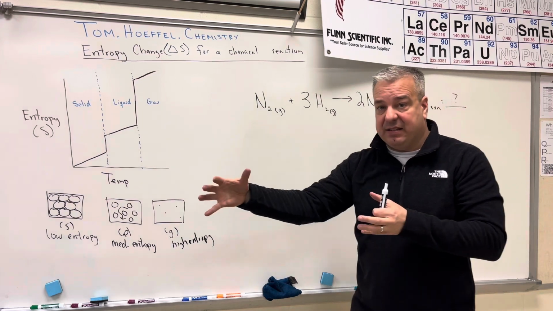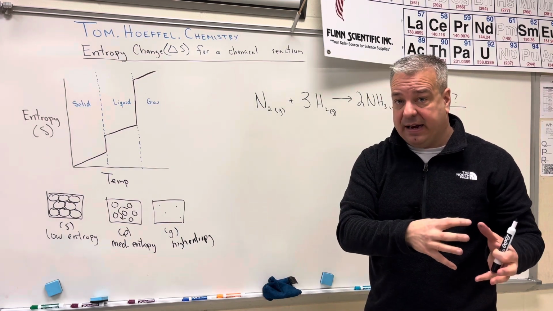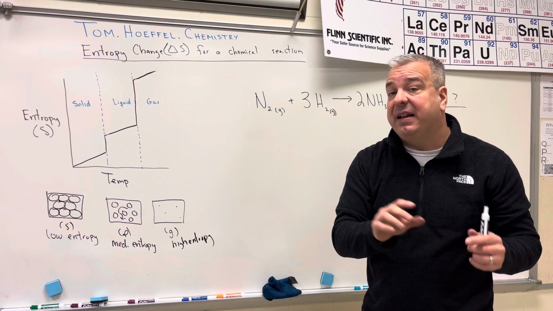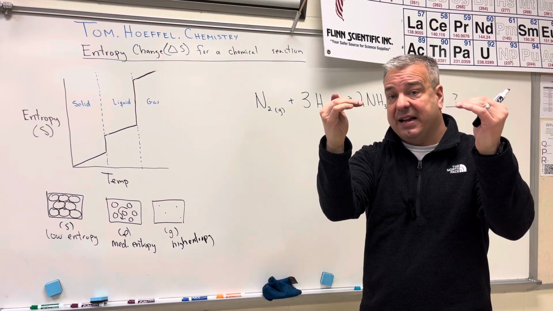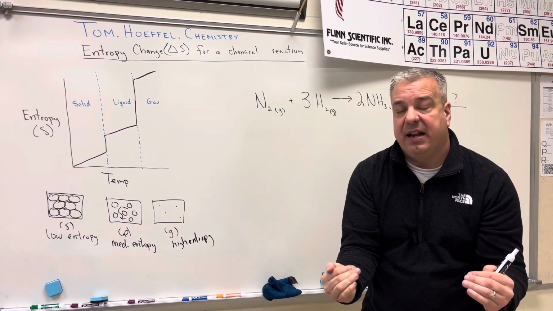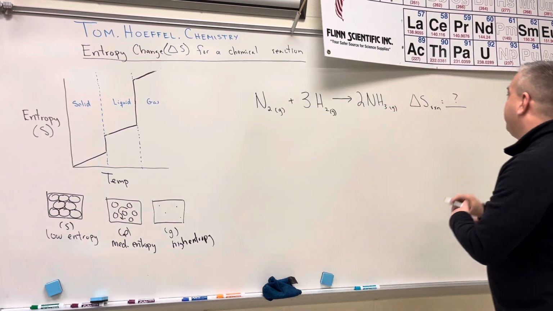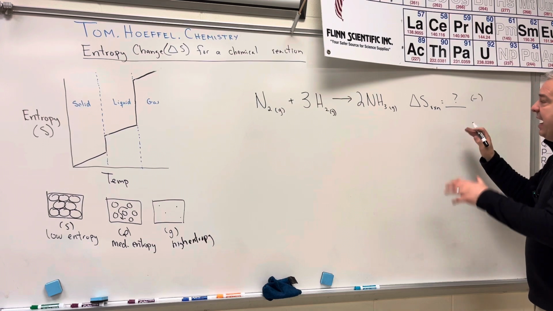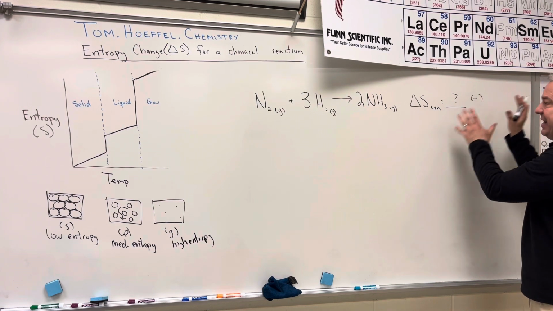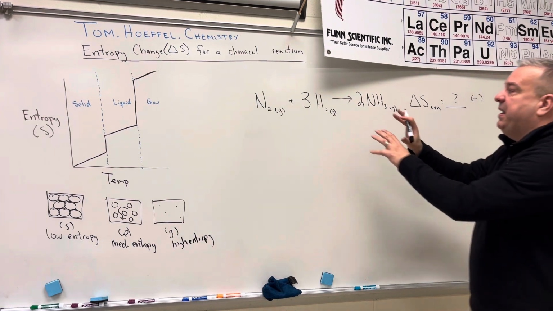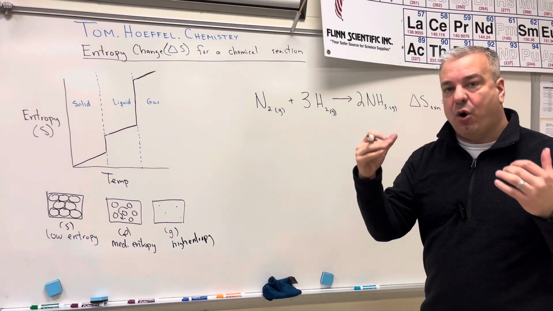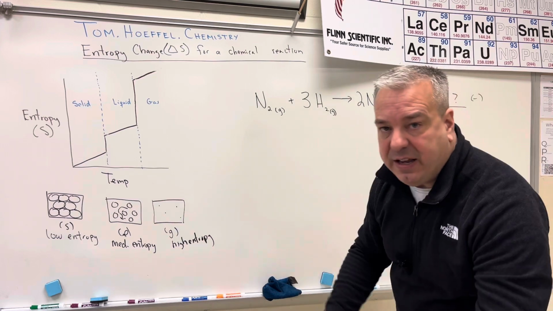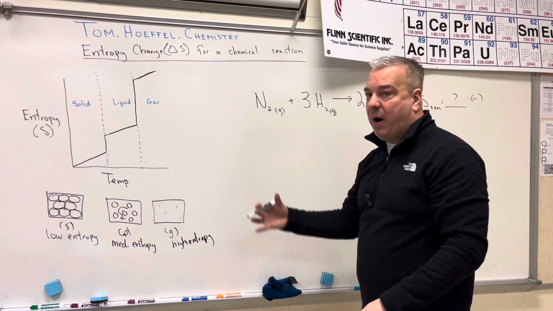So that looks like this thing is becoming organized, and entropy is a measure of disorder. So if it's getting organized, the disorder is going down. So I would predict that this is going to have a small negative entropy change based on our last video and analyzing things qualitatively. But this video is about measuring things quantitatively.